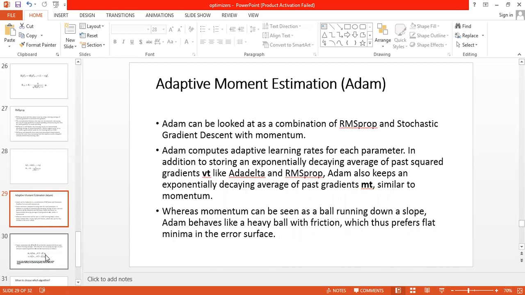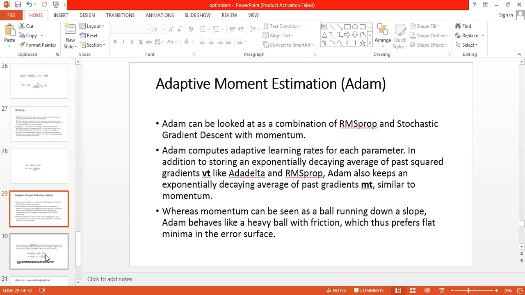We are working on just the recent update, and we are not storing the past updates. Here the gradient averages are calculated on the past squared gradient. We square the gradient value as in Adadelta, and we use the term VT for that. Adam also keeps an exponential decaying average of just the past gradient, which is related to momentum, and we show that by MT.